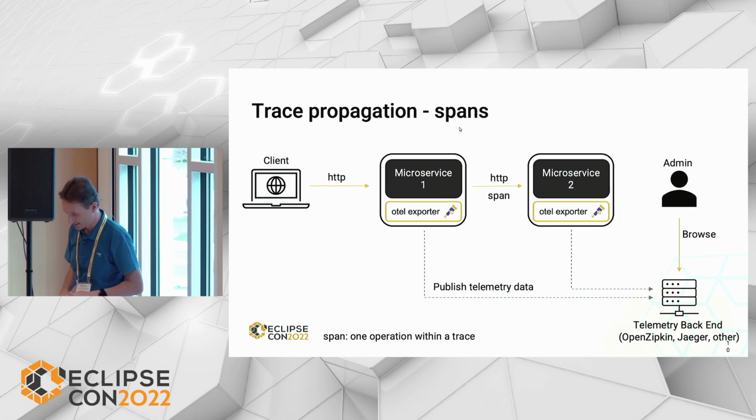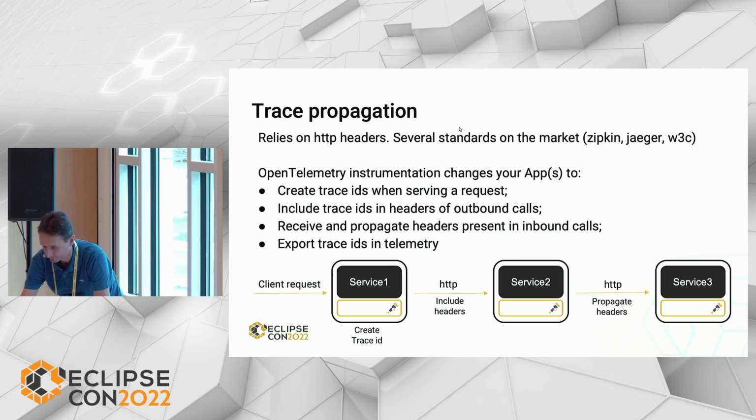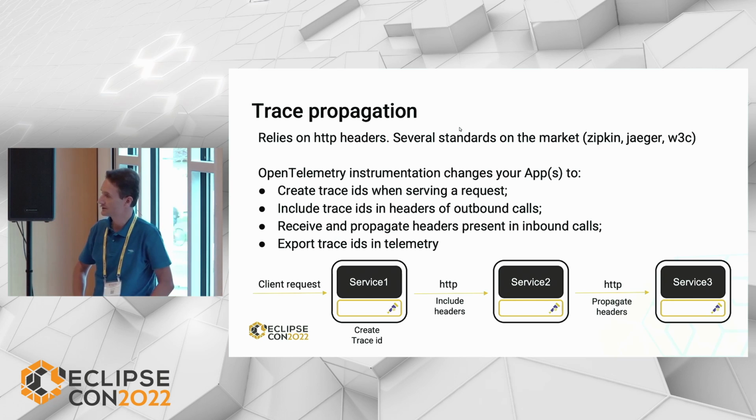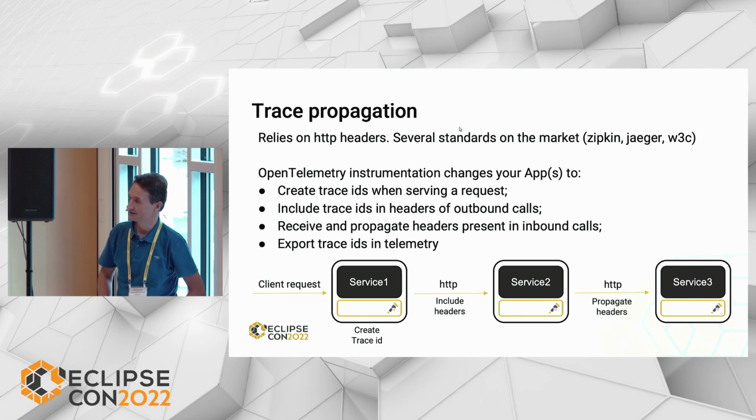There is an approach for this, which is called trace propagation, and it is usually based on HTTP headers. When your first service receives a request, it creates a unique identifier for the trace it's going to perform, and uses this in all the telemetry data that it's pushing to the telemetry backend.